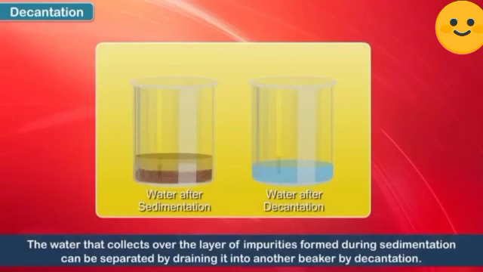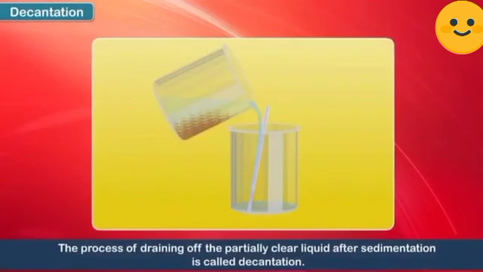The water that collects over the layer of impurities formed during sedimentation can be separated by draining it into another beaker. The process of draining the partially clear liquid after sedimentation is called decantation.